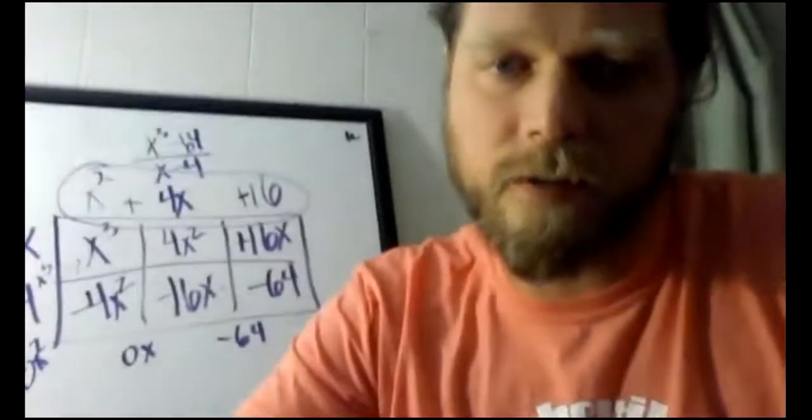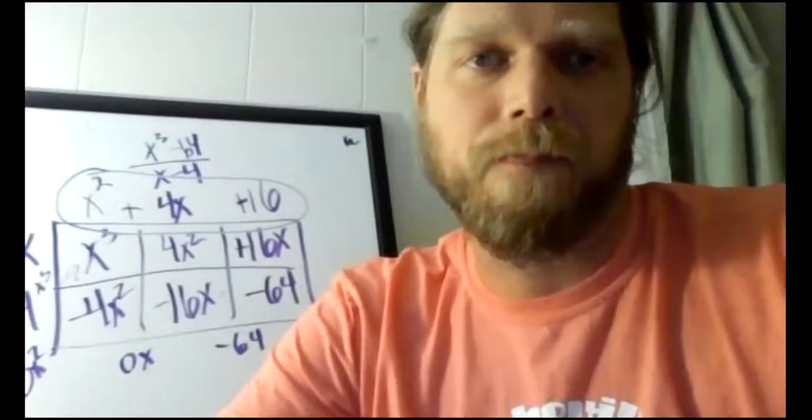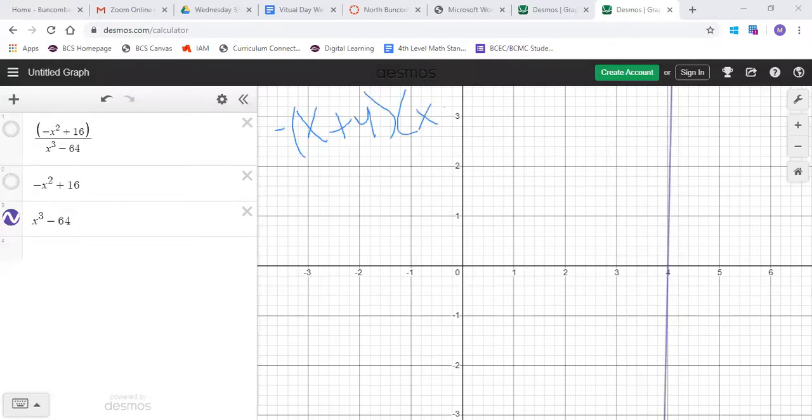Let's go ahead and I'm going to share that screen with you back in Desmos. What I had written on here is negative x plus 4, x minus 4 all over x minus 4, and that x minus 4 was from the root that you see right now.